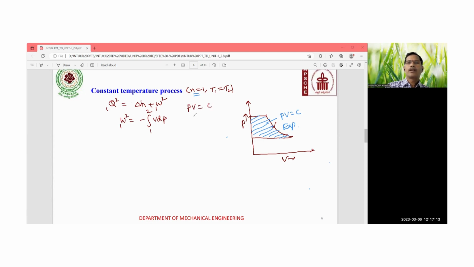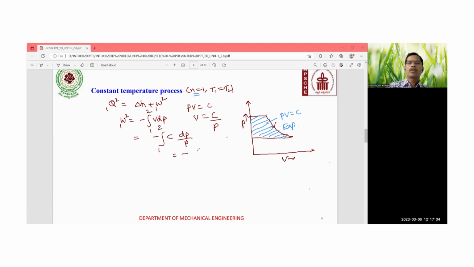V is nothing but C by P, that you need to substitute over here. Minus integral 1 to 2, V is nothing but C, and this is nothing but dP by P.